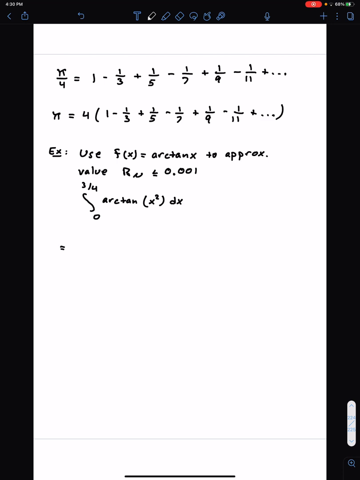So this integral is the integral from 0 to 3/4 of the series from 0 to infinity (-1 to the n) x squared to the 2n plus 1 divided by 2n plus 1 dx.